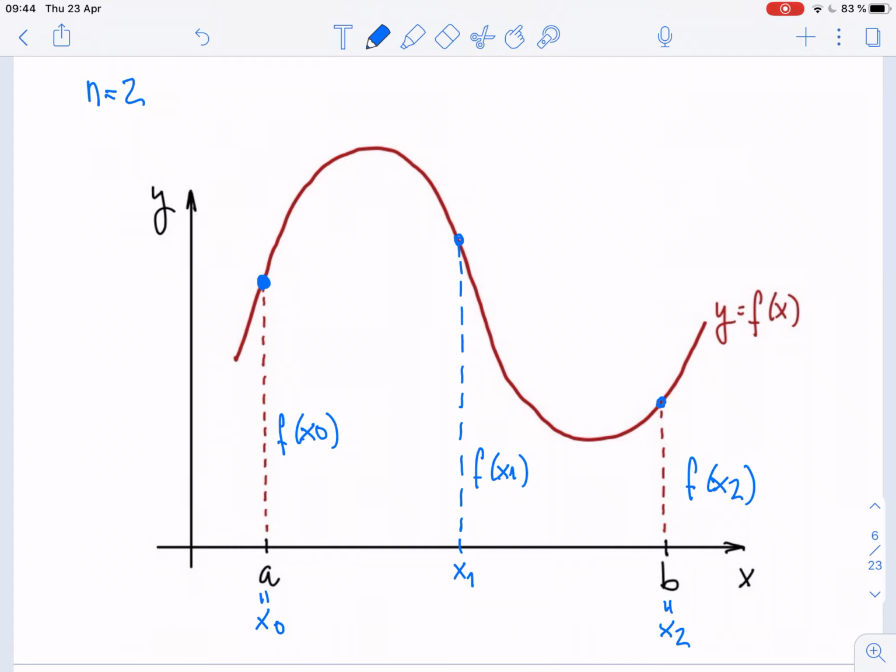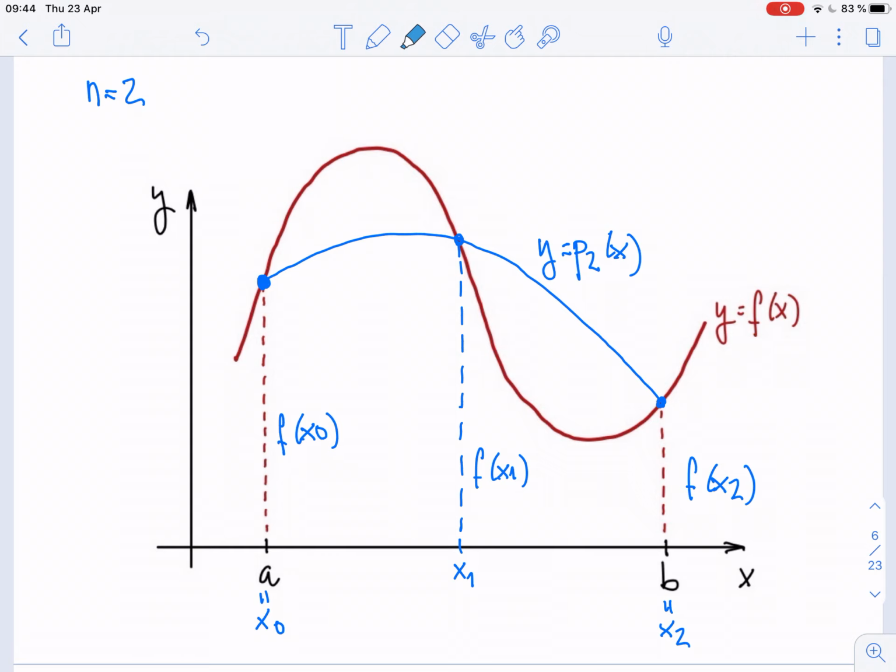Then, by means of Lagrange polynomials, we obtain the only polynomial of degree 2, the only parabola that passes through these 3 points, something like this. So this is p2(x). And now we take the area below the blue line as an approximation to the area below the red line.